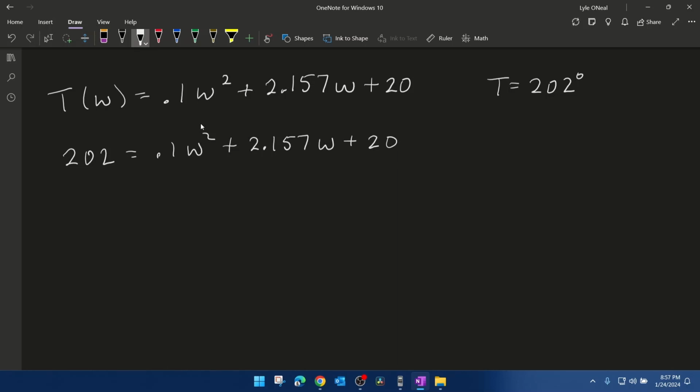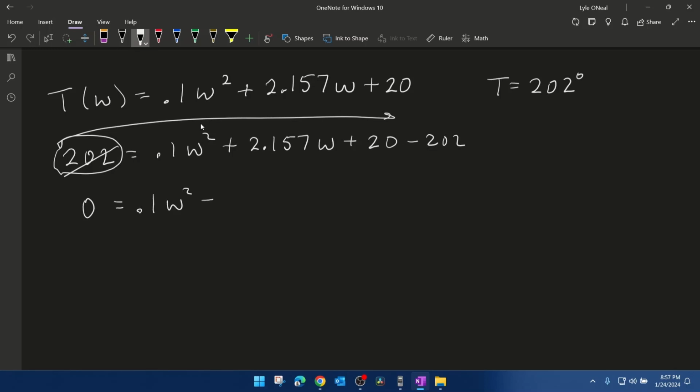And so in order to solve a quadratic, we first have to set it equal to 0. So we're going to start by moving the 202 to the other side, which makes it minus 202. And then we've got 0.1 W squared plus 2.157 W minus 182.